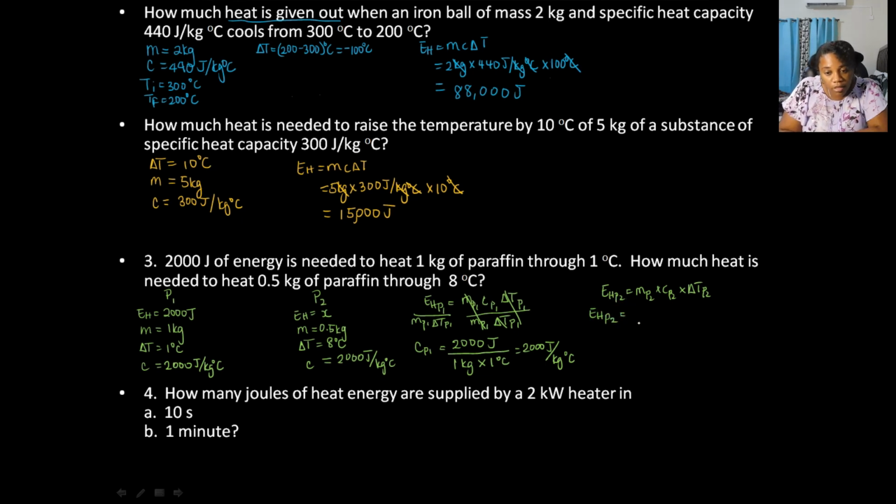So the mass of P2 is 0.5 kilograms and C is 2000 joules per kilogram degree Celsius, and the temperature change is 8.